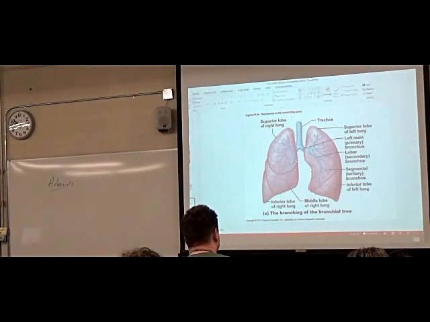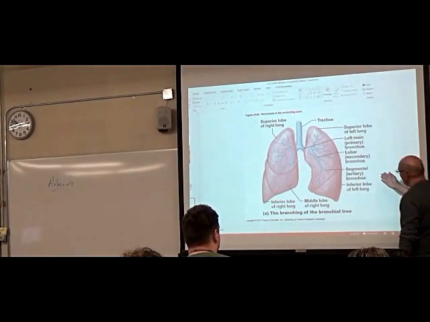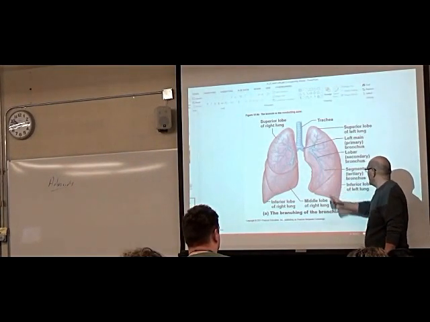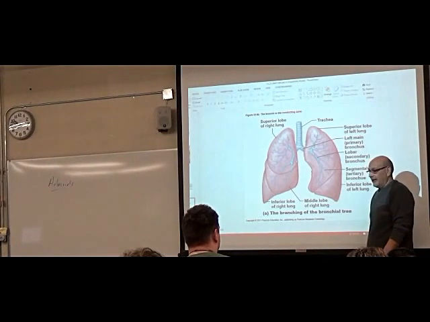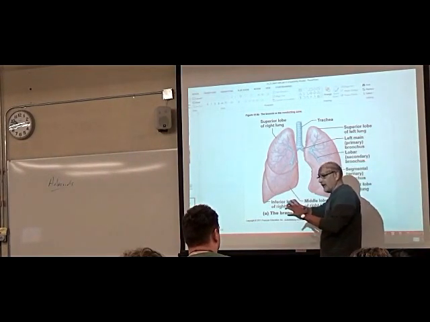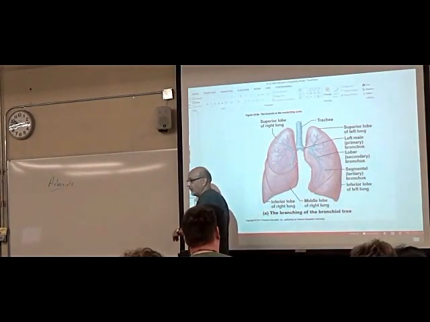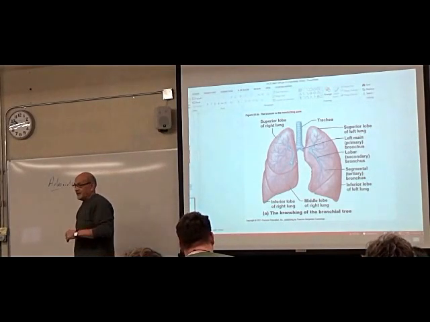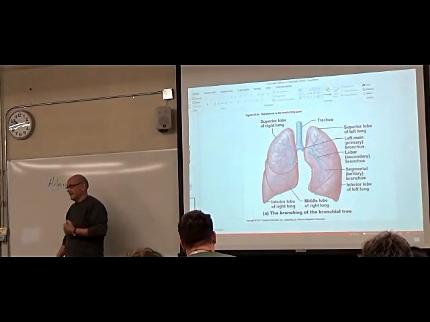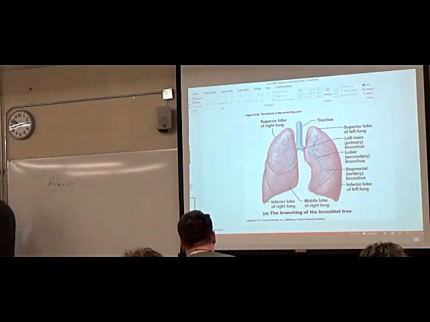Then eventually they branch smaller into segmental bronchi, which would be your tertiary. After this point, you go to your bronchioles and then the alveolus. So these are still all cartilage. Pay attention to what it looks like.